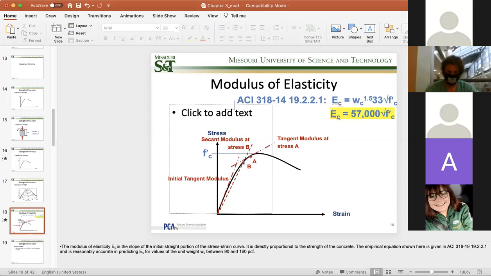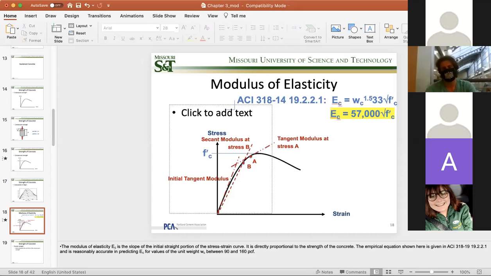Is it stress or strain? It'd be stress. That's the right answer, because strain does not have a unit. Strain is a ratio. That's right, thanks, Adam.